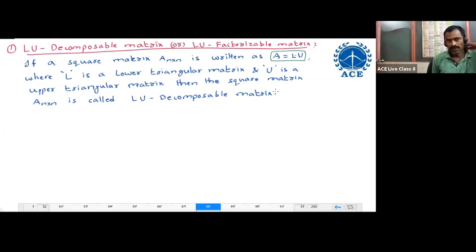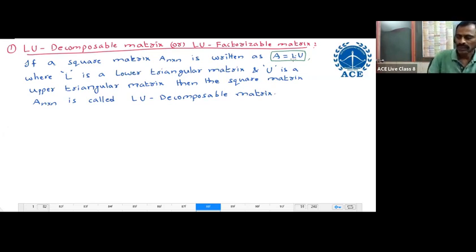That is, if you are able to write the matrix A as a product of two matrices, one of which is lower triangular and the other upper triangular, then we call it a decomposable matrix. We are decomposing A into two matrices.